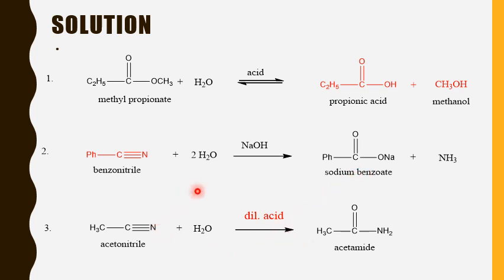But I want you to know how it can be stopped at the intermediate stage where the amide is formed. At this stage, we have to take a very dilute acid and pour excess water so that it doesn't go for further reaction, or you can cool down the temperature so that the reaction is frozen and doesn't proceed forward.